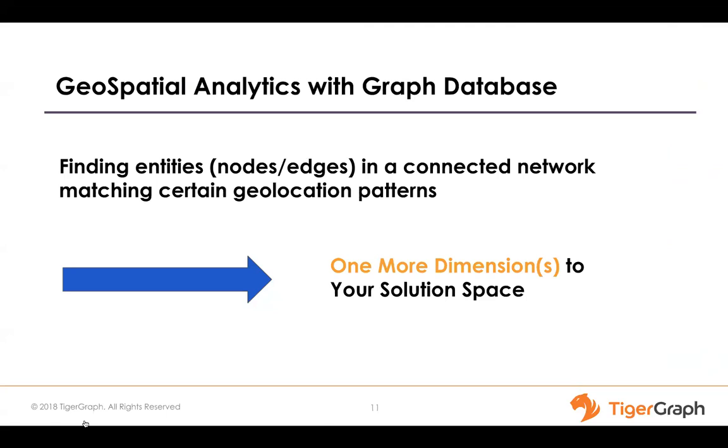What we're really providing with a graph database with geospatial analytics is one more dimension to your solution space. Just think about your existing use cases and some of the new use cases: your IoT system, your mobile phone. You're increasing the solution space, and that means more capacity and features for your own product and service.